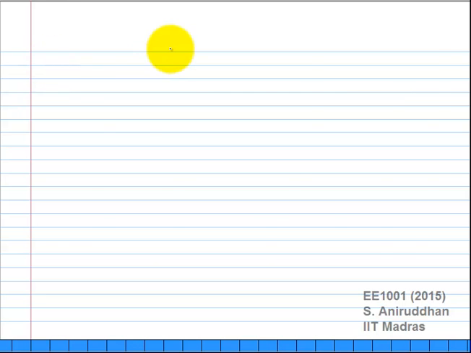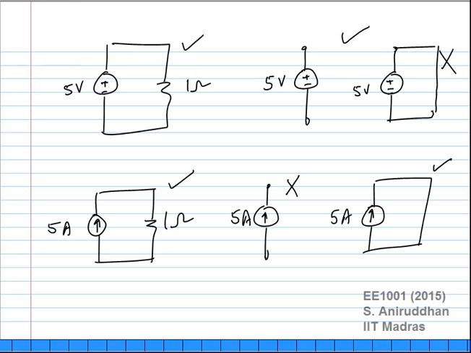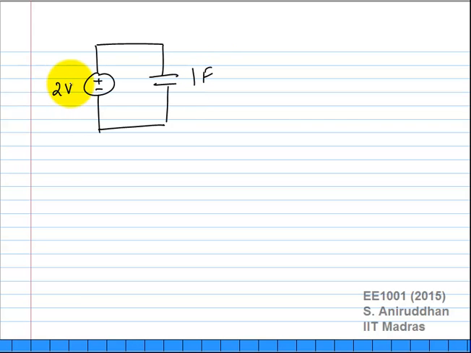Okay, fine. So we just ran through some quick ways to do this. Actually, let us try a couple more. Can I do this? Yes or no? Yes. What is the voltage across the capacitor? 2 volts.